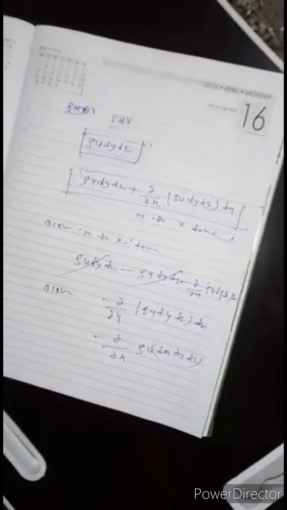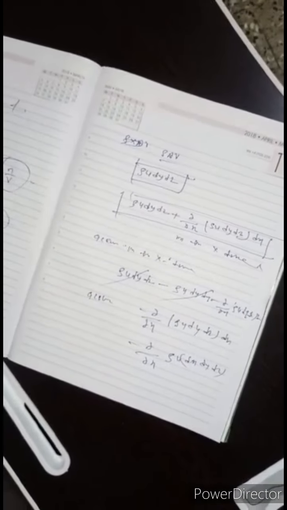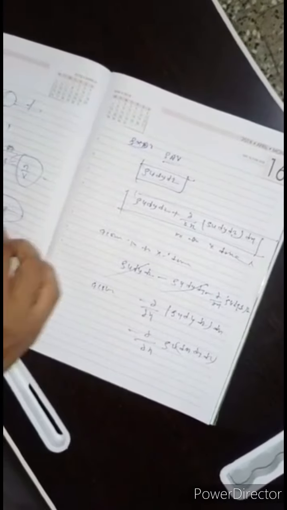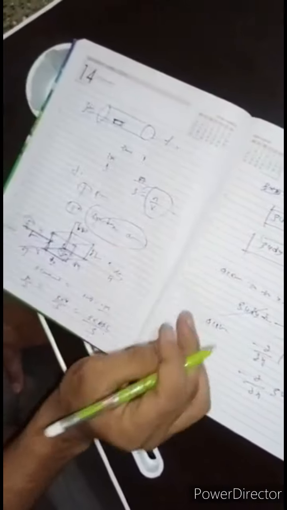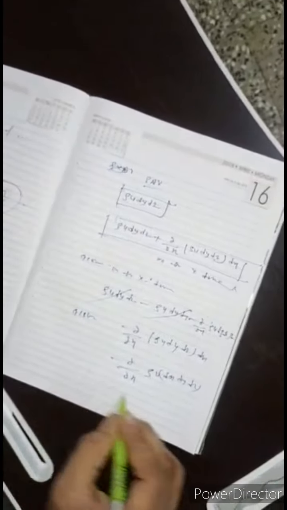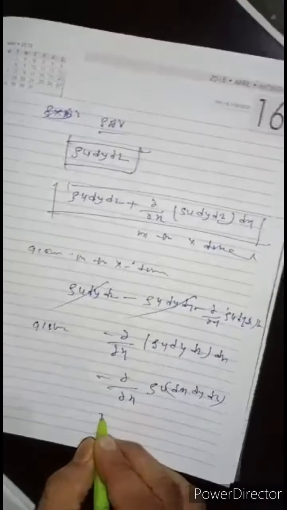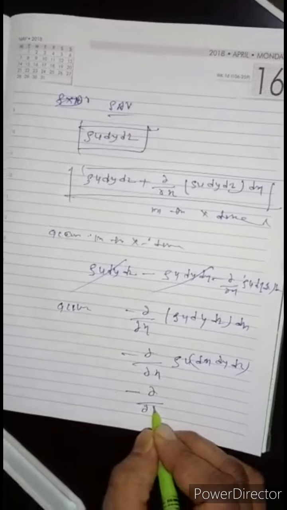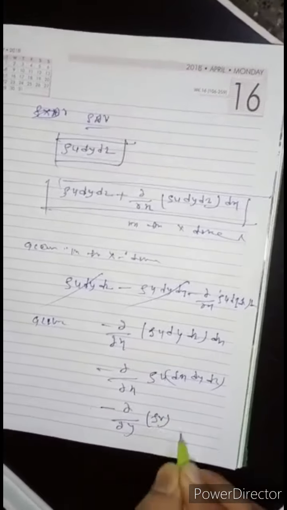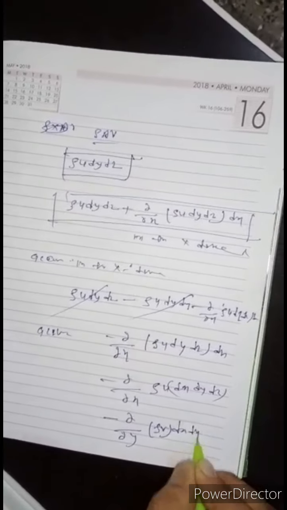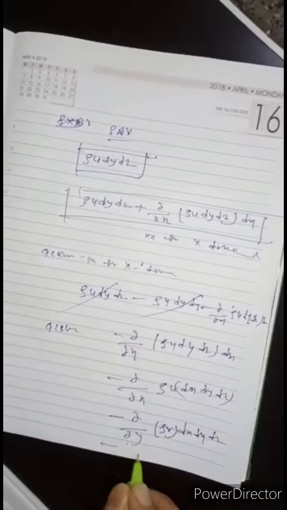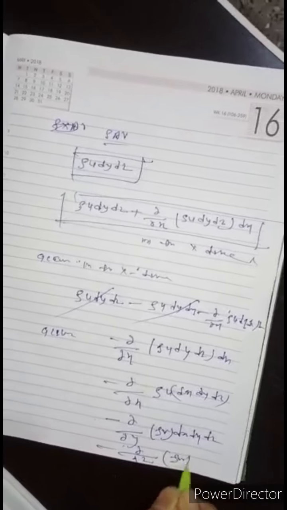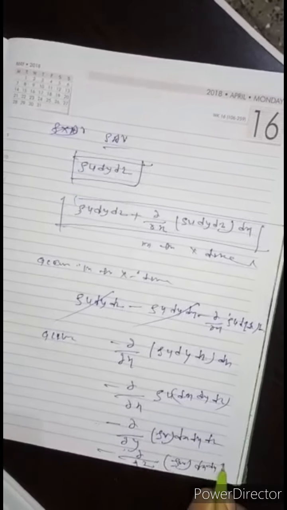If we talk about the y direction, in the same way you can write it, if the fluid is entering in the y direction and leaving in the same direction: d by dy of rho v dx dy dz. For the z direction, d by dz of rho w dx dy dz.